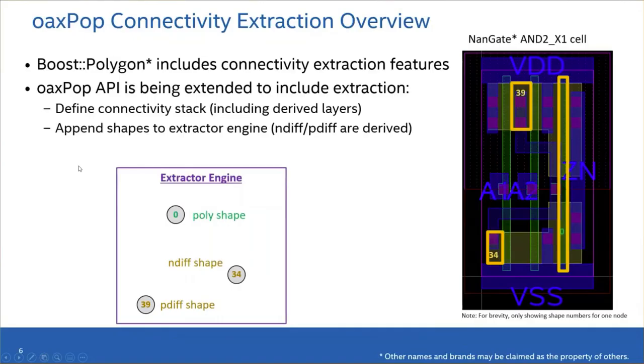All right, so let me kind of do the build up step by step so you can see this. The engine will actually take any shape in any order. It doesn't matter. You don't have to put it in any particular way. You just keep feeding it shapes, and it will internally determine how to deal with those shapes later based on the connectivity stack. And so here, I'm just going to build it up bottom up, but it need not be in this order.